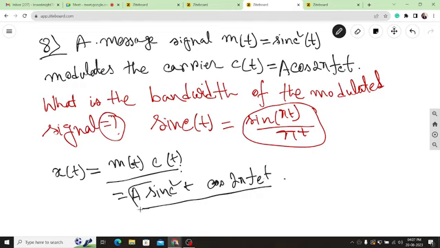So this is in time domain. Now we have to use the Fourier transformation properties.